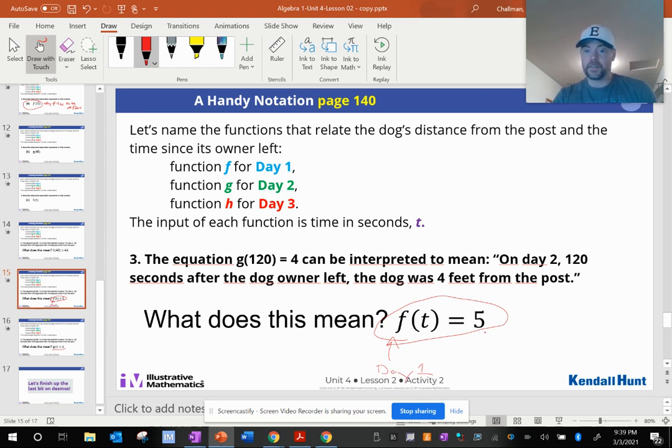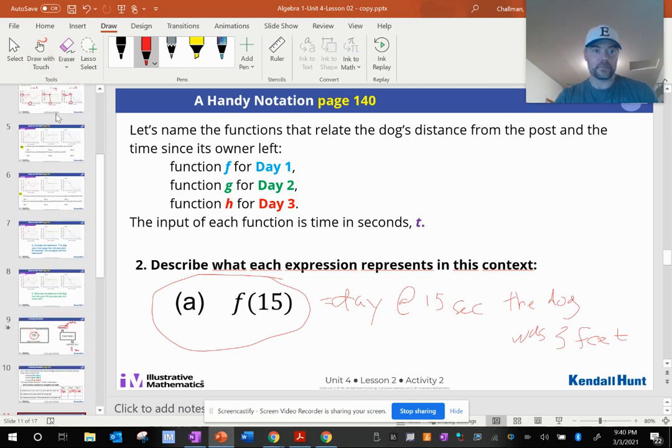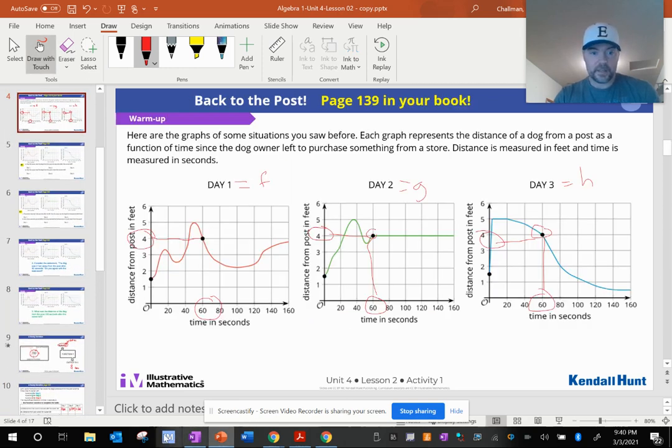This is saying the dog was 5 feet away. So we can ask, what time was the dog 5 feet away? Let's go back to our graph. It says day 1, at 5 feet, looks like, right here, so about 50 seconds.